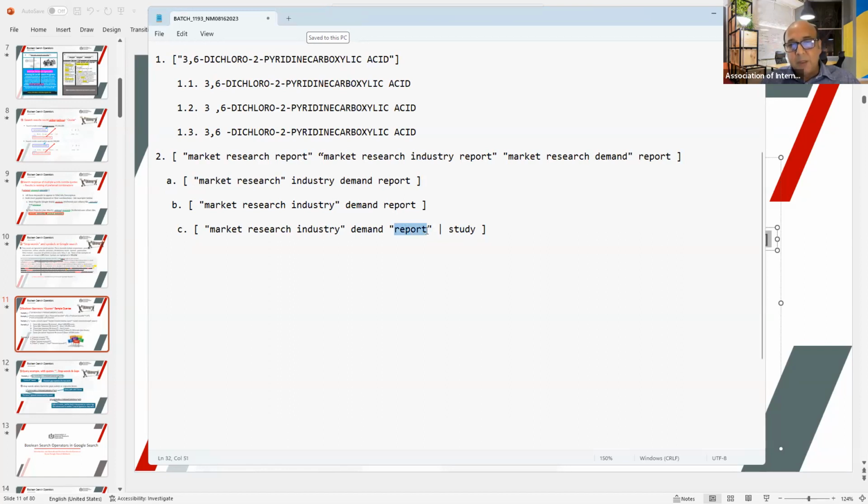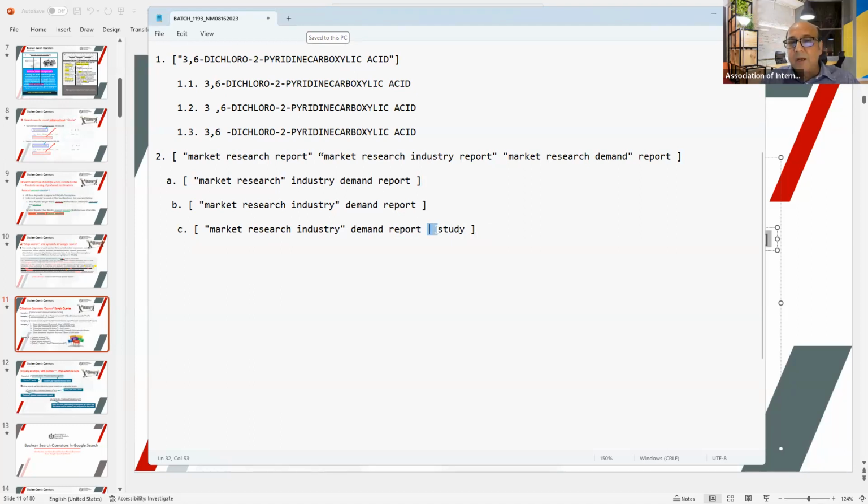But what happens at this time, if I remove the quotation marks in this query, what could happen? Possibly that would distort the meaning or give wrong signals, because this word demand might get connected with report as if these two are together. Demand report, for instance.